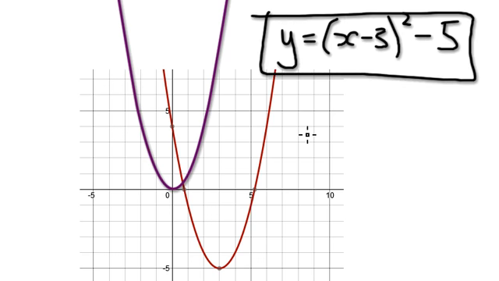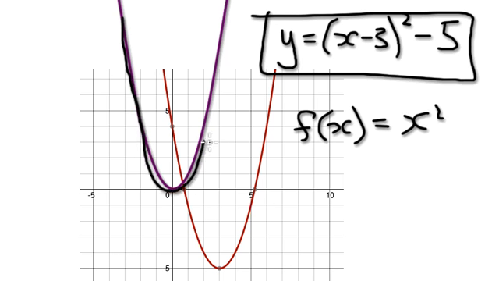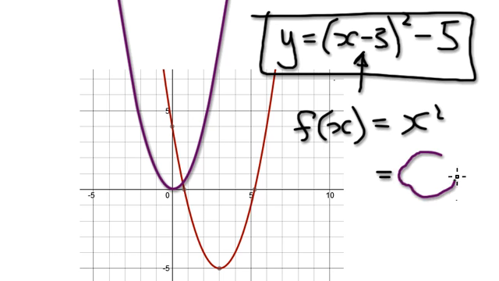But what we do is we start off with f of x. Let's say f of x is defined as x squared. So this is, in a way, y equals x squared. And if you look at this bit here, at the moment we've got f of x is something squared.